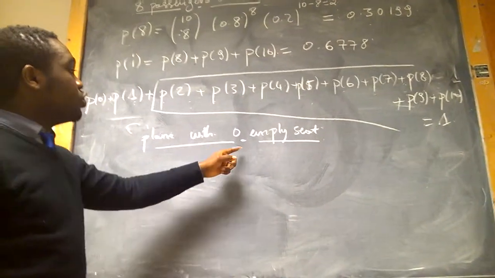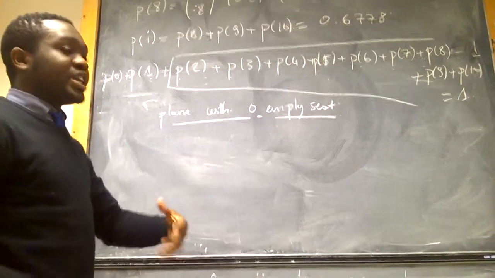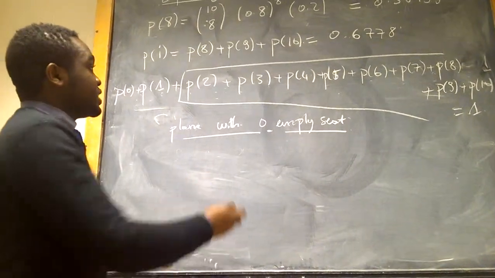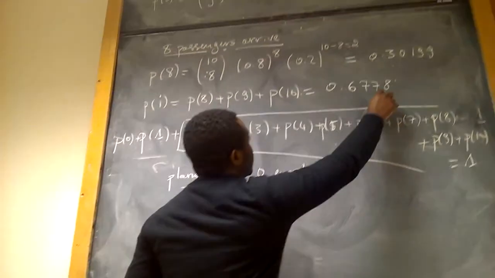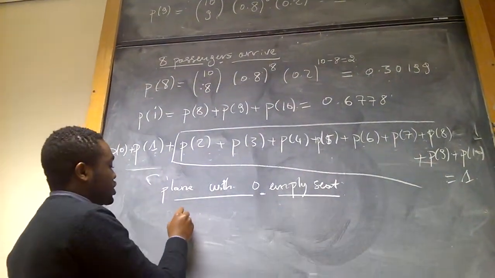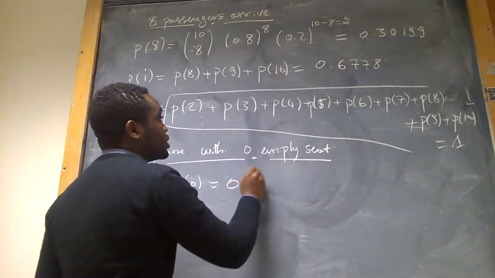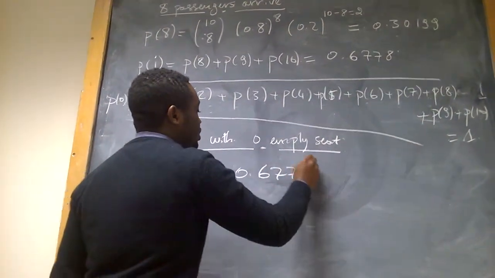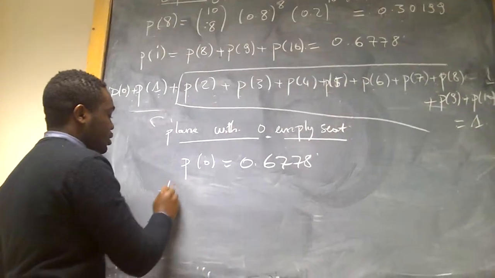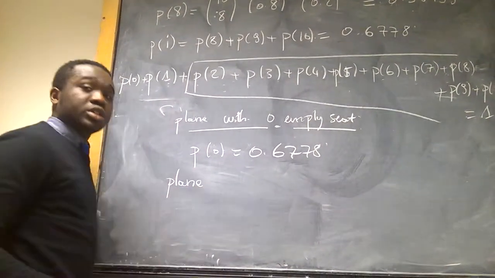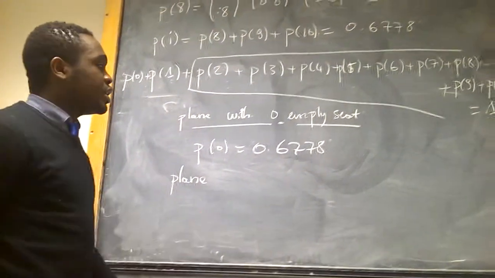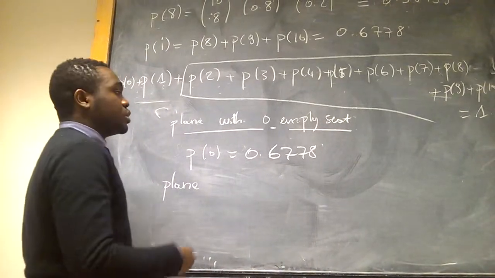The probability of no empty seat means that the plane takes off full, and it is the same answer as that one. You just calculate it, which is 0.6778. Exactly, the plane takes off full.